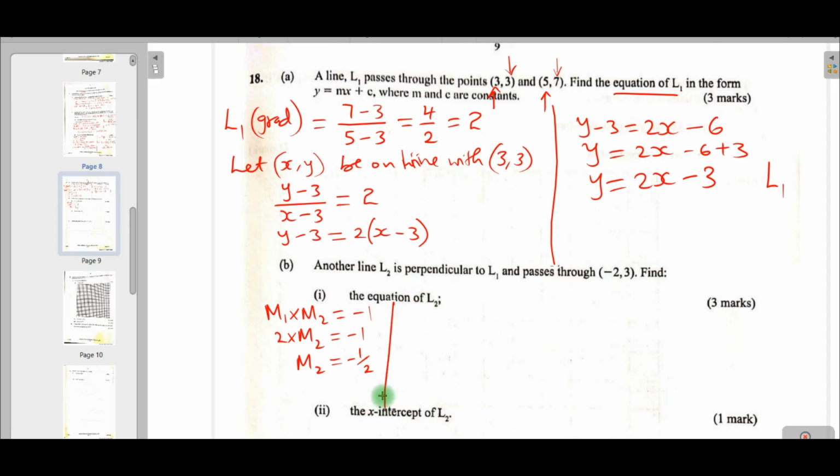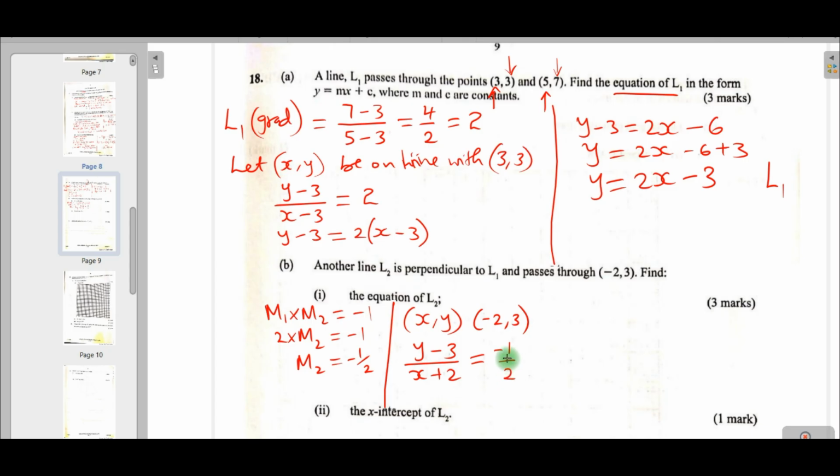And therefore, to get its equation, we say let a point (x, y) be on a line with this given point (-2, 3). Since the gradient is -1/2, we can get the change in y, that is y minus 3, all over the change in x, x minus (-2), that will be x plus 2, which will be equal to the gradient, -1 all over 2.